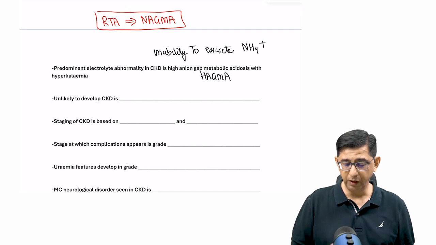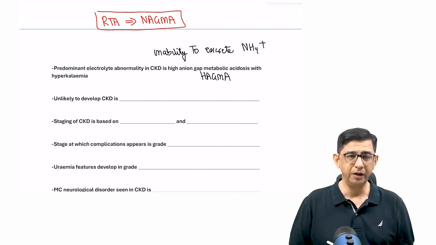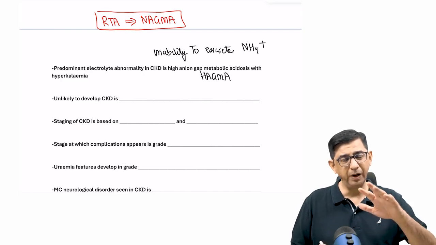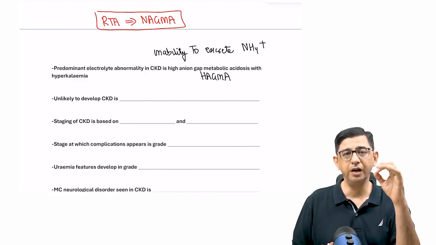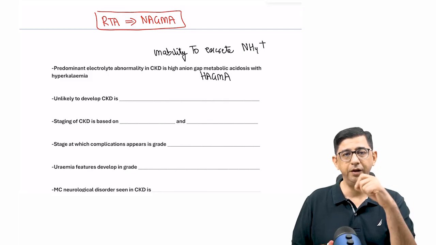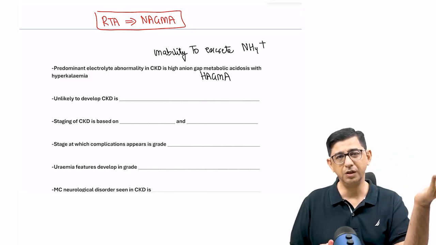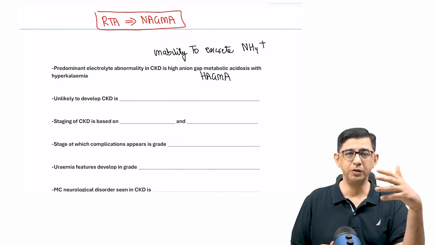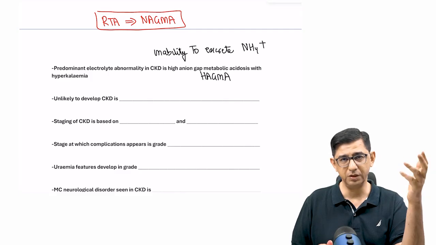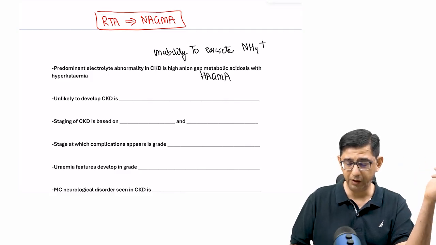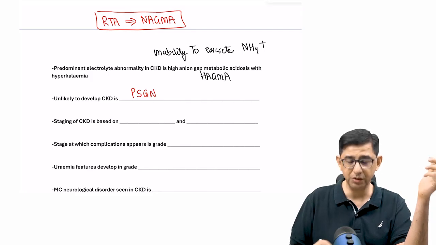Now, unlikely to develop in patients of CKD. What I'm trying to say for the next question is he gave multiple conditions where he asked which of these is unlikely to go into chronic kidney disease in a patient. Options were like analgesic nephropathy or a person who's having hypertensive nephrosclerosis. So ultimately hypertensive nephrosclerosis and analgesic nephropathy will contribute to CKD. But one condition that we'll be discussing subsequently has good chances of recovery.